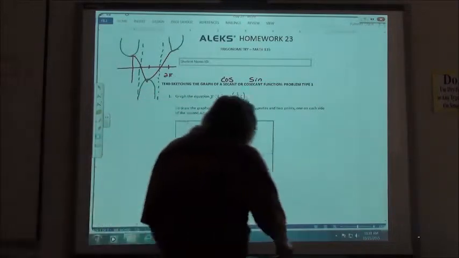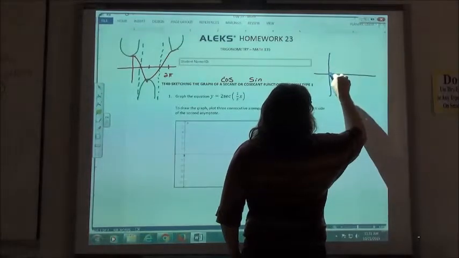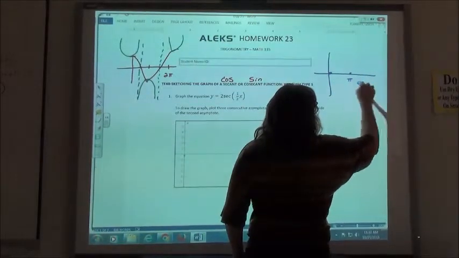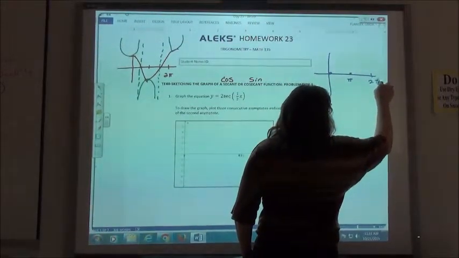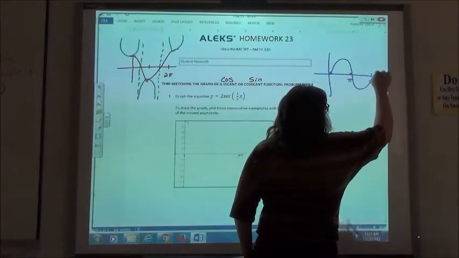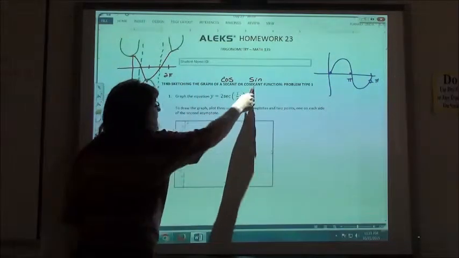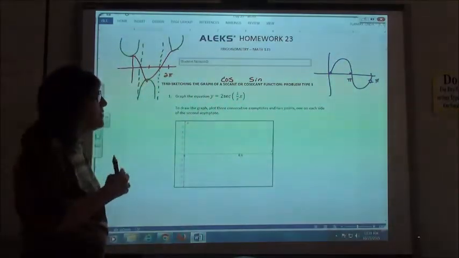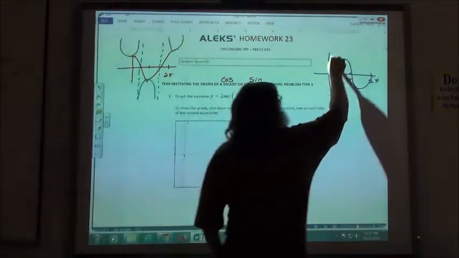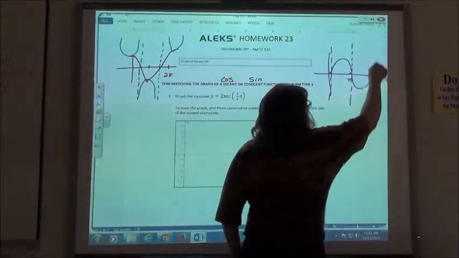If I would do my sine curve, my normal sine curve starts at 0, 0, crosses at pi, also crosses at 2 pi, and has its amplitude here, going like that. So for my cosecant curve, wherever there's zeros again, I'm going to have an asymptote because I would have something divided by 0.